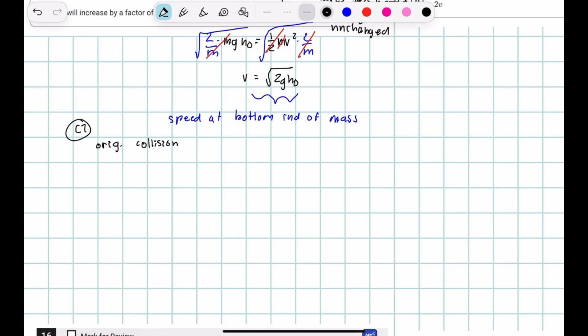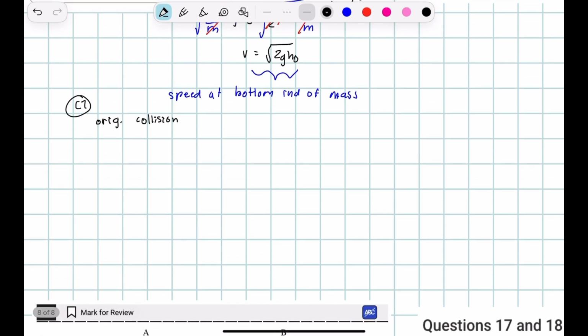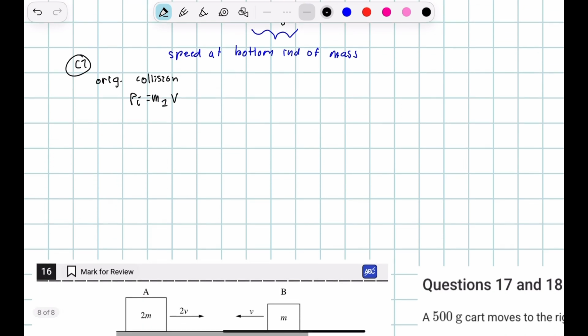In the original collision, the momentum before the collision, pi, is equal to m1 times v, and then the total mass after sticking, m total, is equal to m1 plus m1, so that's going to be equal to 2m1.